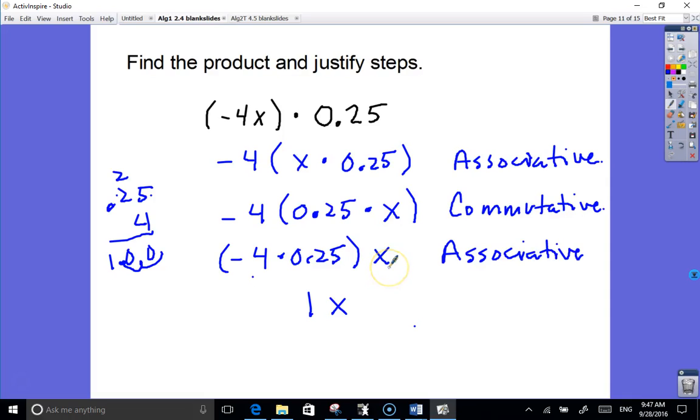I'm not sure if they gave that a property. Sometimes they'll call that, no, that one's not identity. It could be inverse, kind of, because you're really multiplying 4 times 1/4. But I'm going to leave that one alone.